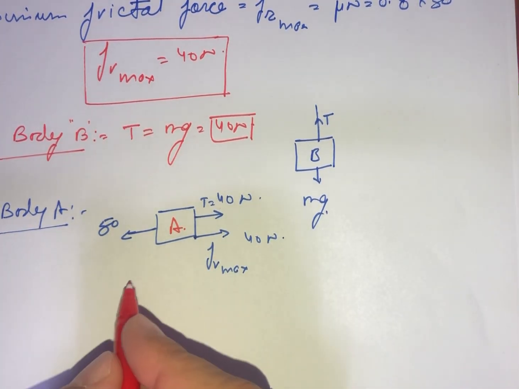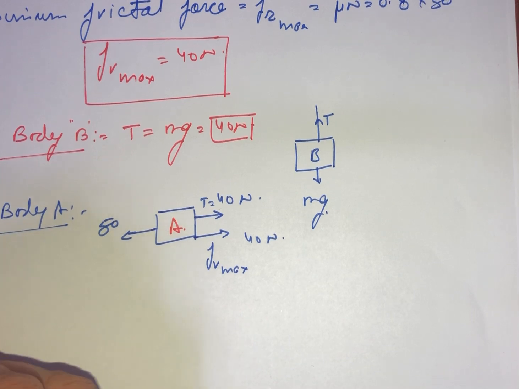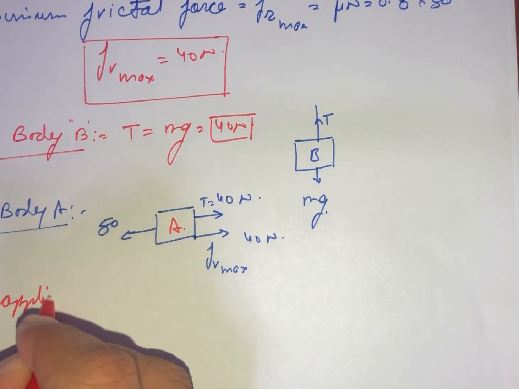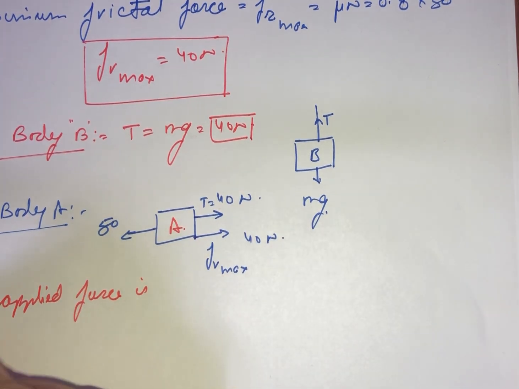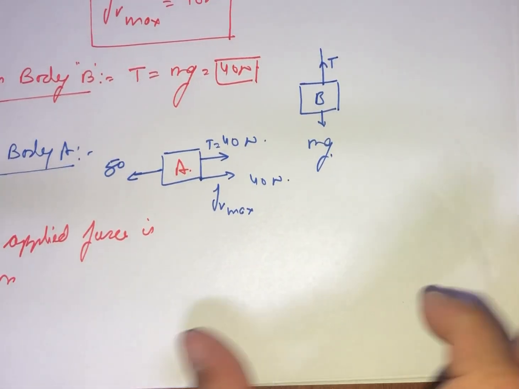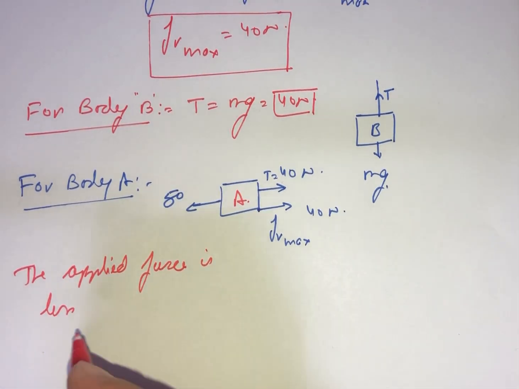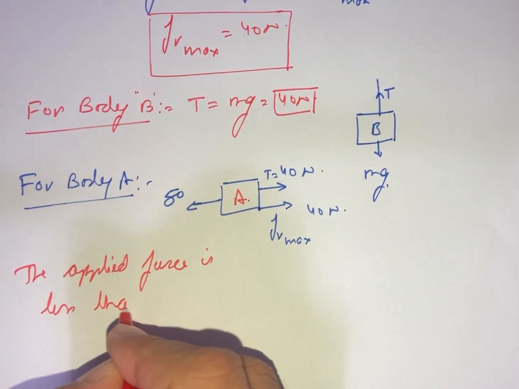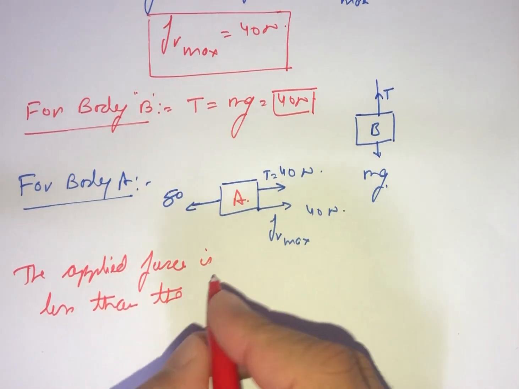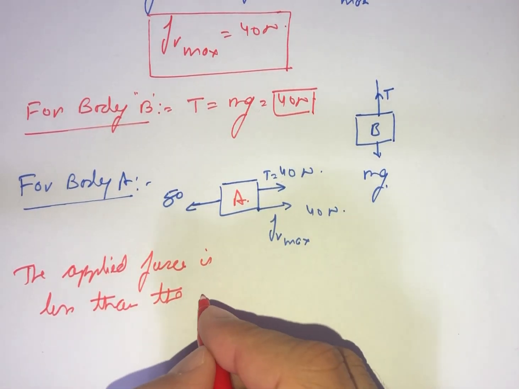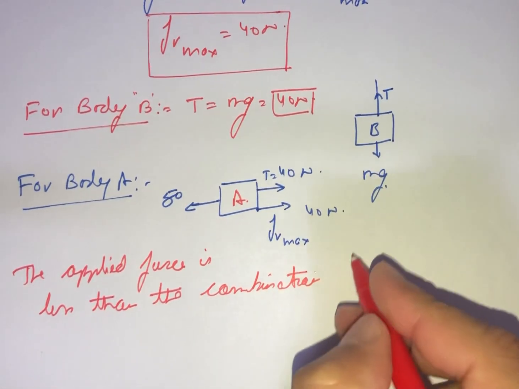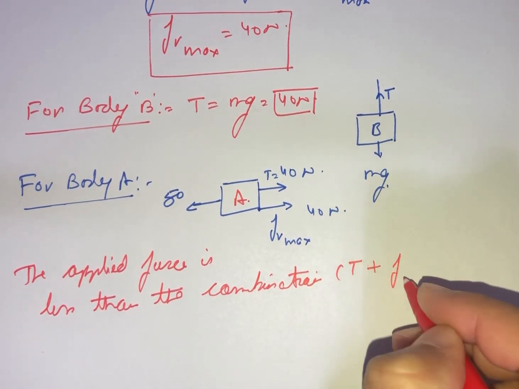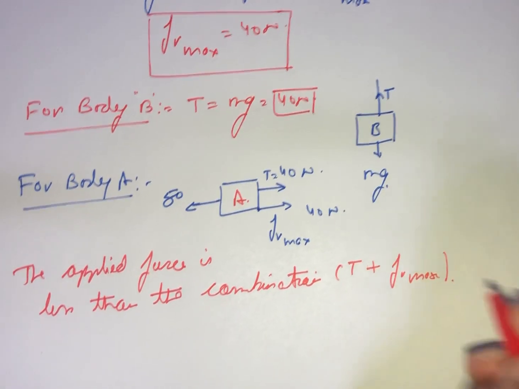From here we can say the applied force is less than the combination of tension plus Fr max.